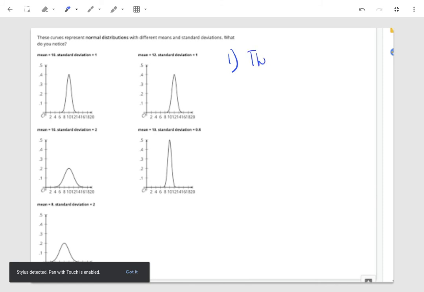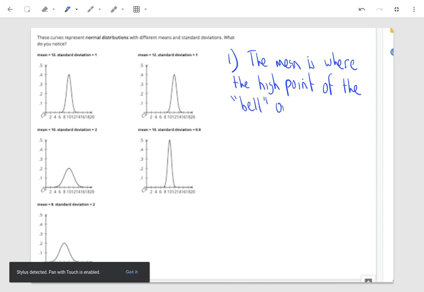So the mean is where the high point of the bell or the center is. So the center is where the mean is.